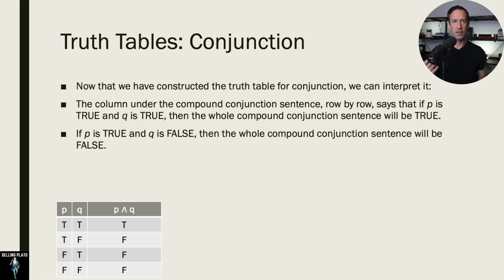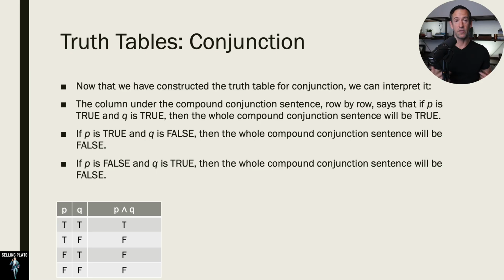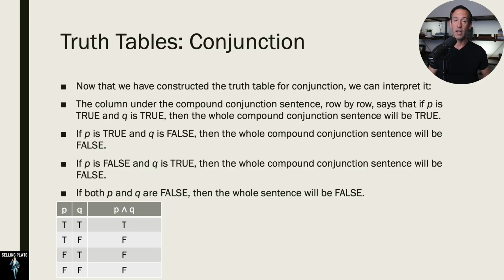By now you should be seeing a pattern. Now we're in the third row, or possibility. If P is false, you see that F in the third row all the way to the left, and Q is true, then the whole compound conjunction sentence will be false. We have a false in there, so the whole thing is going to be false. And you can see the next option too. If both P and Q are false, then the whole sentence is going to be false, obviously.